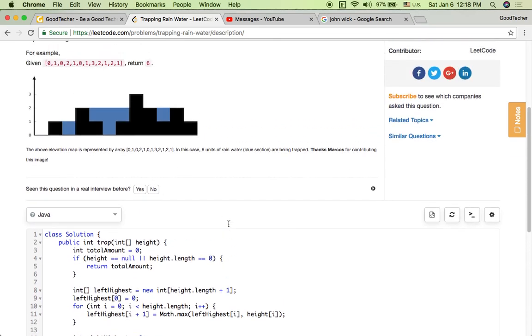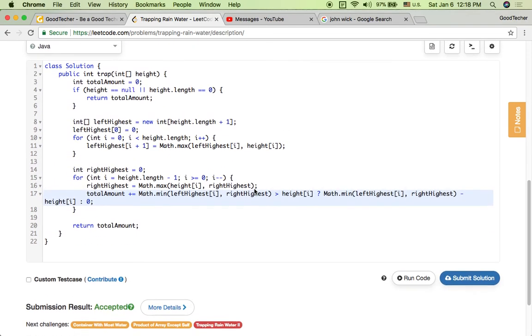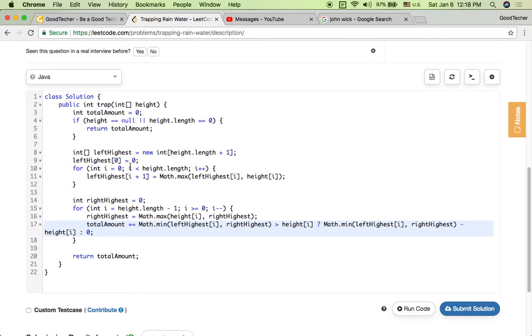So you see, this is a hard coding problem. It's not about the code. You see, the code is just about 20 lines.